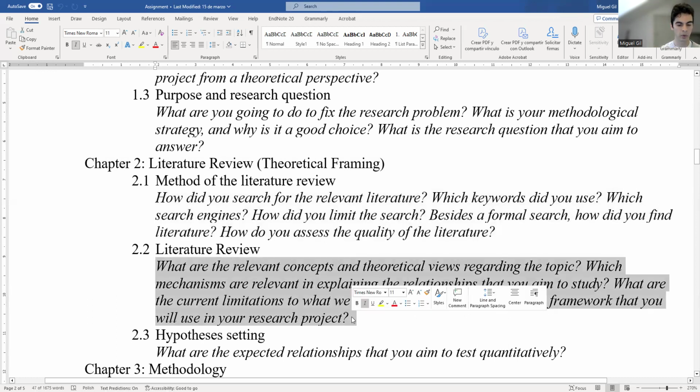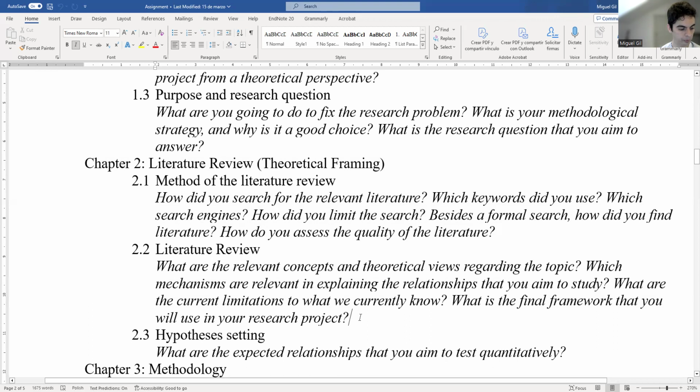So for example, again, I'm going with the example of financial stress and student happiness. What do we know from there? There is maybe pressure, there are maybe time concerns because you have to budget between finding a job and also doing your study stuff, so you get more stress.